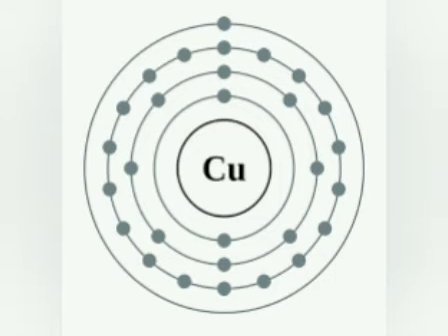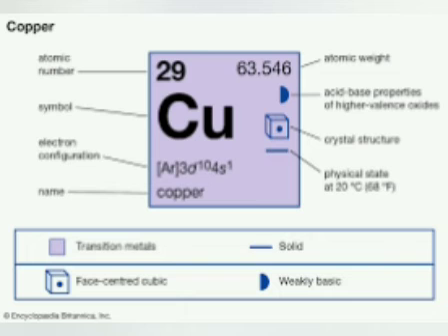In third orbit, maximum number of electrons is 18 and remaining electrons from the previous sum is 19. 19 minus 18 is equal to 1. And this one electron will be in the fourth orbit, that is the last orbit. That electron is called valence electron.